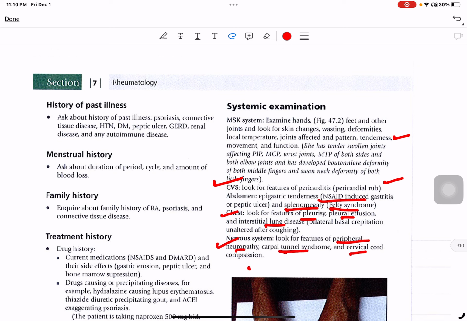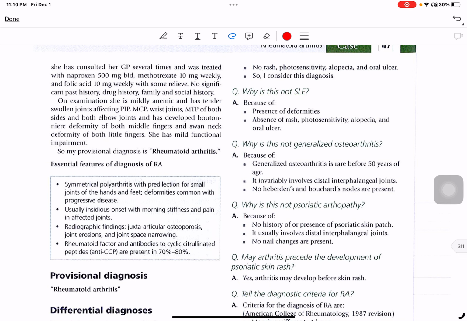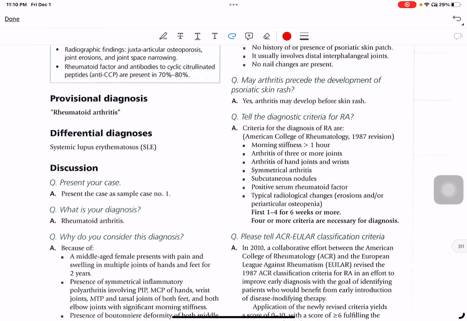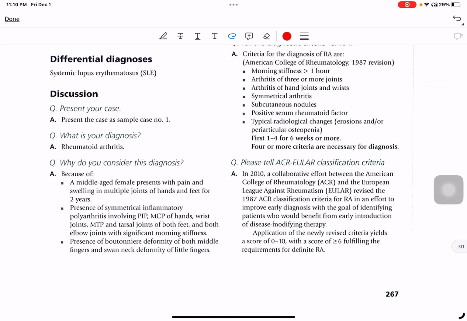So after the salient features, there will be some questions. I am discussing some questions of a long case of rheumatoid arthritis. There will be a question: why do you consider this diagnosis? Then we have to answer that the patient is a middle-aged female.